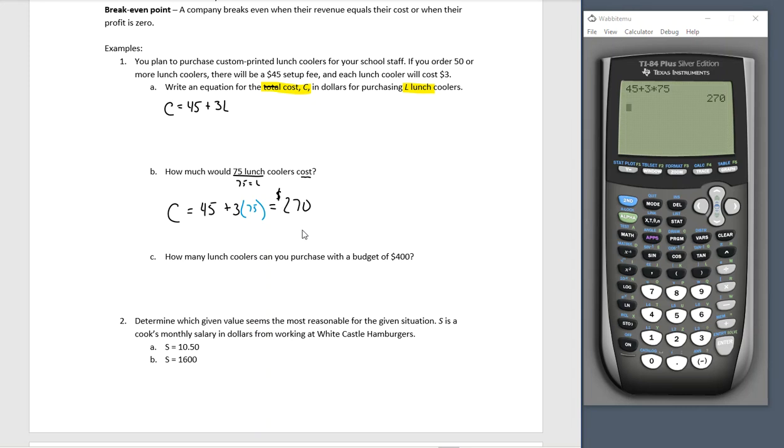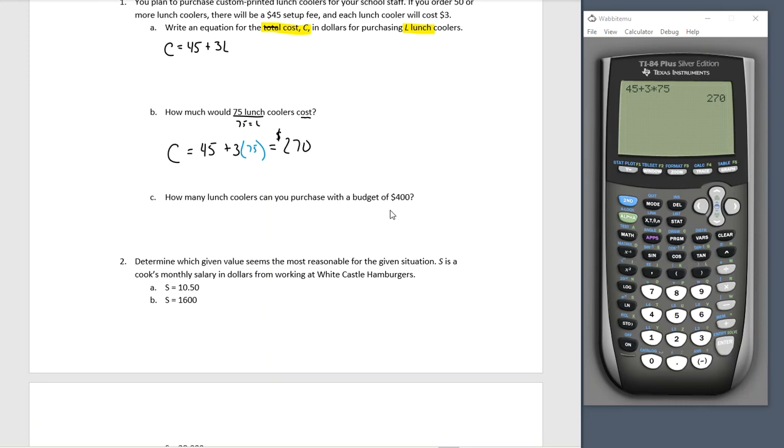$270. Now, how many lunch coolers can you purchase with a budget of $400? So how many lunch coolers will tell us to find L. All right, so a budget of 400, this is a cost, so I'm going to put 400 in for my cost.